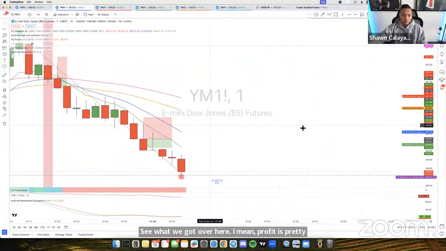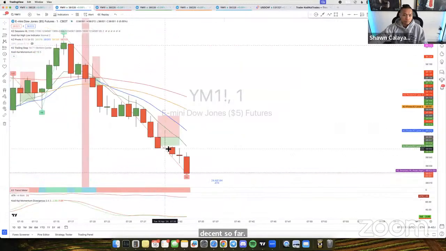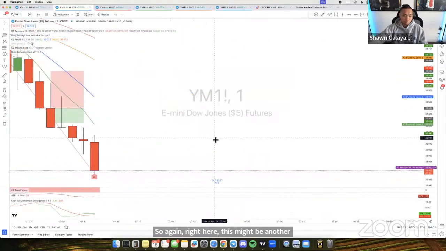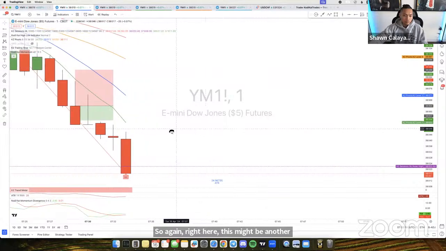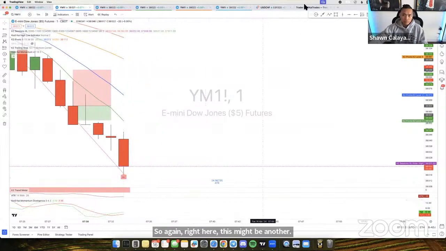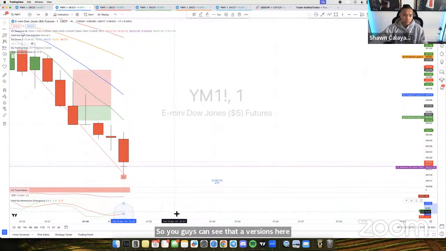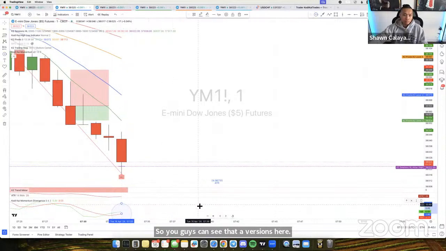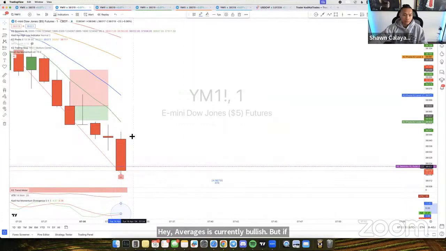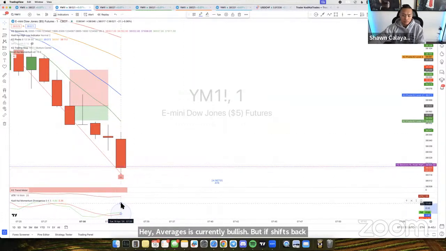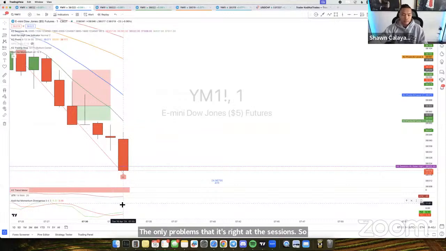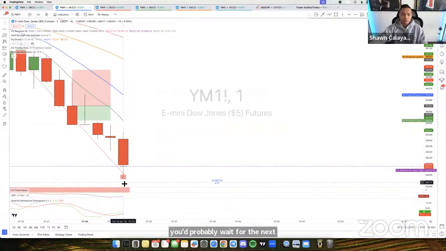So again, right here, this might be another, so you guys can see the divergence here. The divergence is currently bullish, but if it shifts back below, it could come down further. The only problem is that it's right at the sessions. So you probably have to wait for the next candle. It's probably gonna be the second candle after this one, if it closes below the sessions.